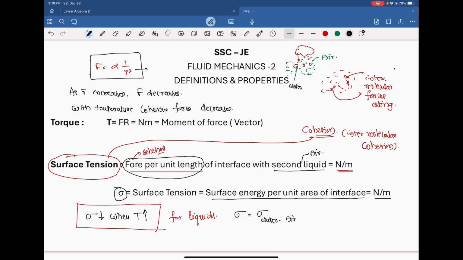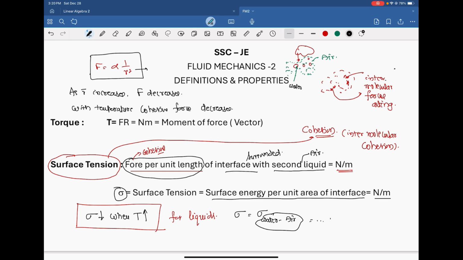Surrounded by, interface with, surrounded by. Cohesive force is due to the intermolecular forces of that particular fluid. When that particular fluid comes in contact with or is surrounded by a second fluid like air, then that interface is called sigma water air. This value will be something. That value we can take as sigma air water or sigma water air.